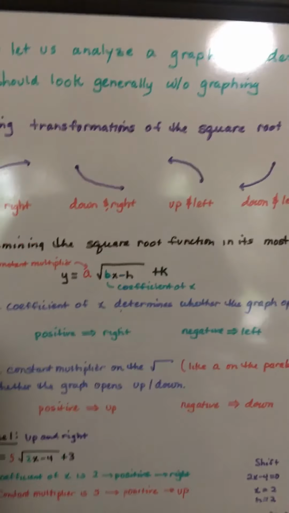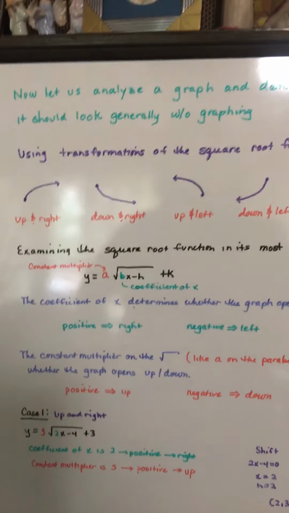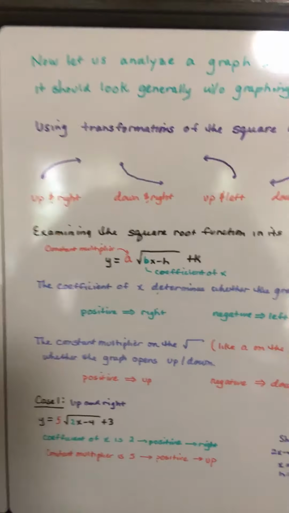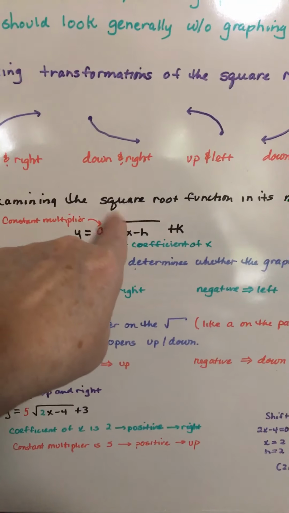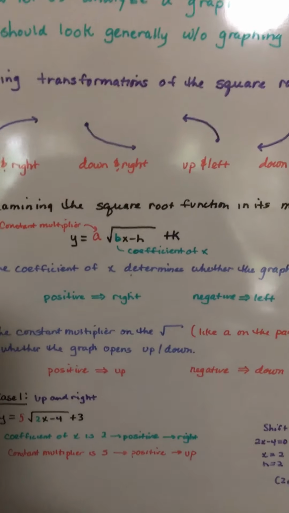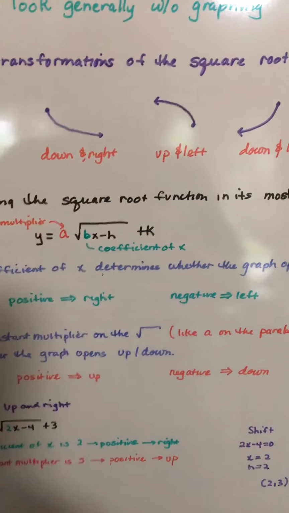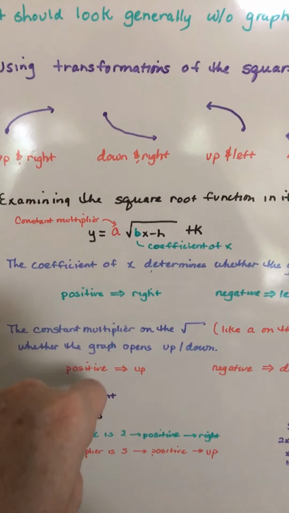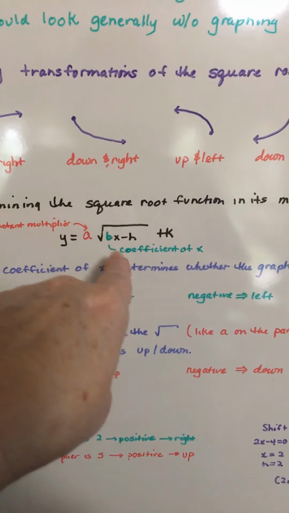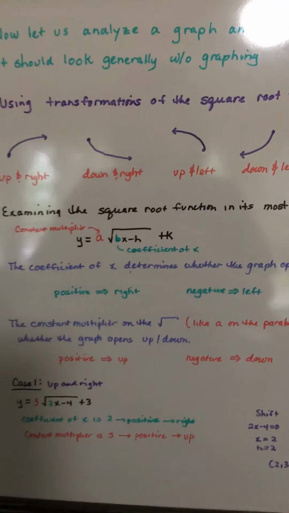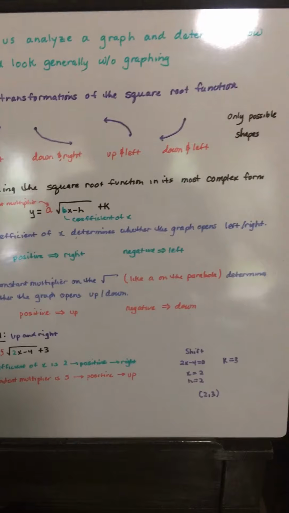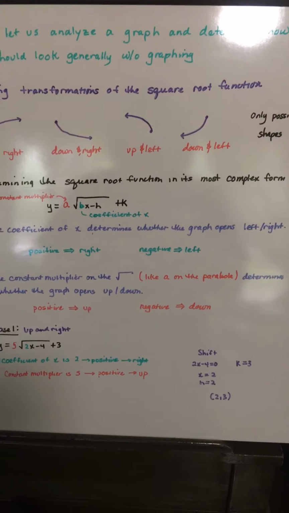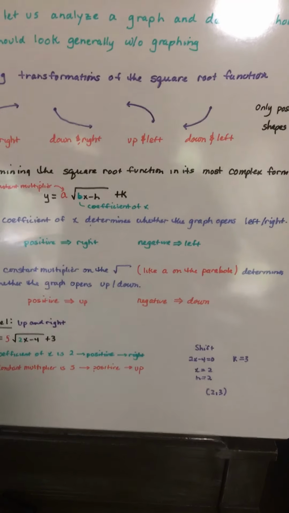Now, examining the square root function in its most complex form, it could have a constant multiplier, some number in front of the square root, and the x could have a coefficient. So I'm going to call A the constant multiplier, and B will represent the coefficient. The coefficient of x determines whether you're going to open right or left.